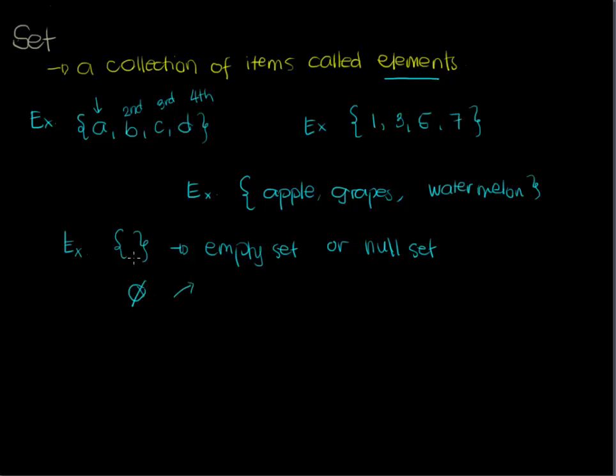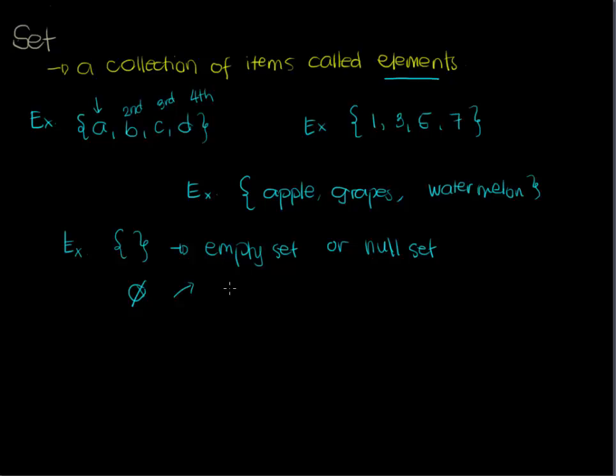So if you see a notation like this one here, these two brackets without anything inside, or this notation, a circular one with a line across it, that's what we call an empty set. Okay, I hope you are now having a gist of what a set is.